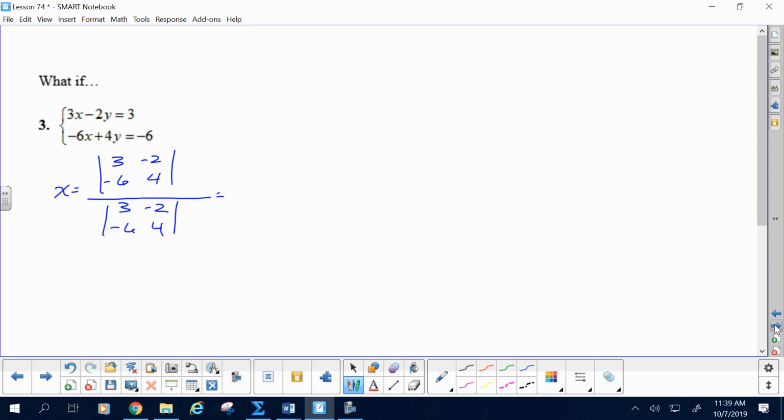That is true. Evaluate, and you get, in the numerator, 12 minus 12, which is 0. And in the denominator, you get 12 minus 12, which is 0.